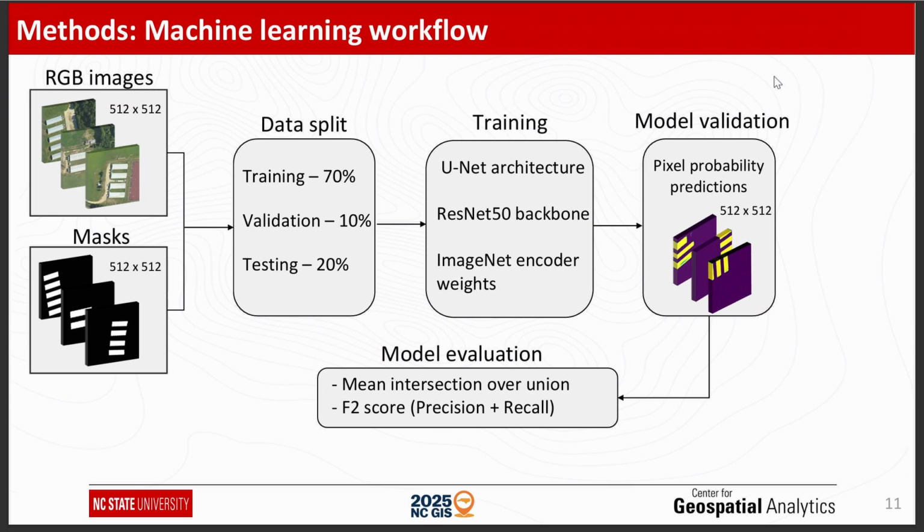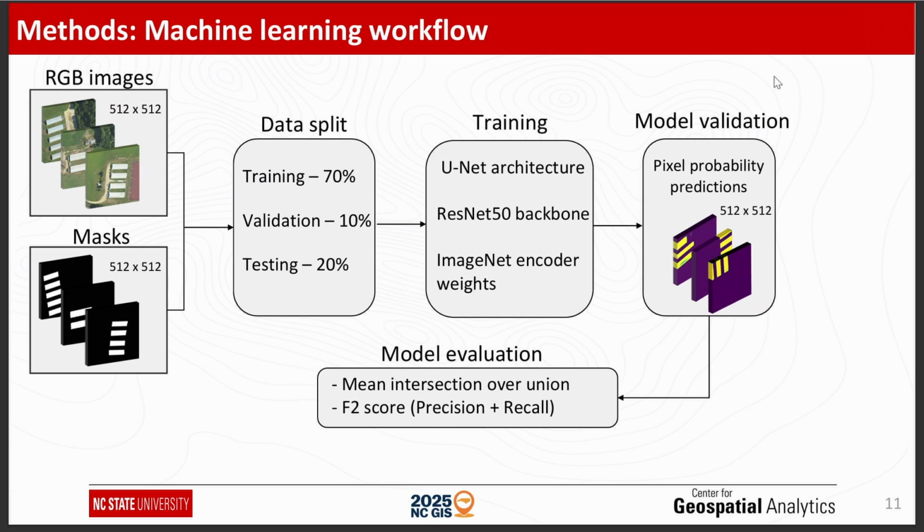The last layer of the U-Net model is the softmax layer, which provides pixel probability predictions for each of our tiles. So it'll go from 0 to 1 on the probability of it being a barn or a background.